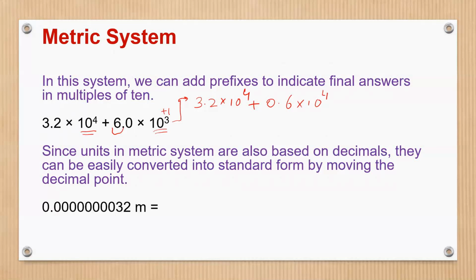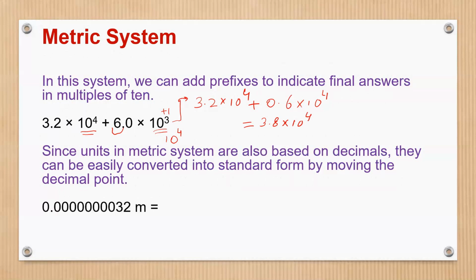If we move 2 places, I can add +2. Very simple to go. So now I can simply add up these numbers. 3.2 plus 0.6, that's going to be 3.8 times 10 to the power 4.